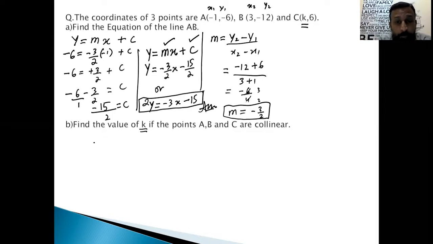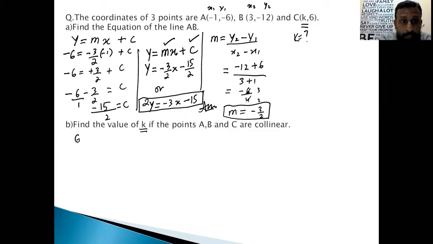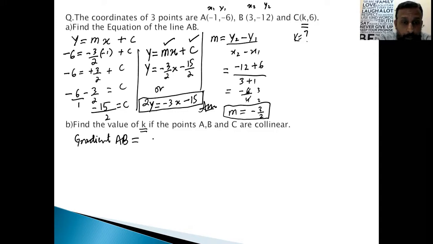So in order to calculate the value of the unknown k, we are going to equate their gradients. So gradient AB equals gradient BC. How do we find gradient?